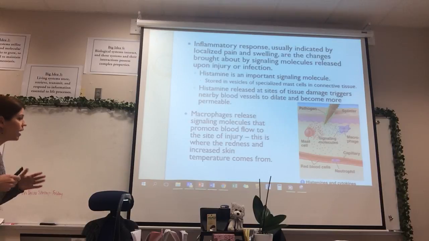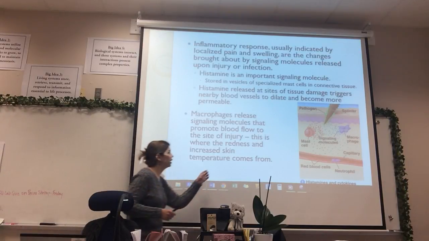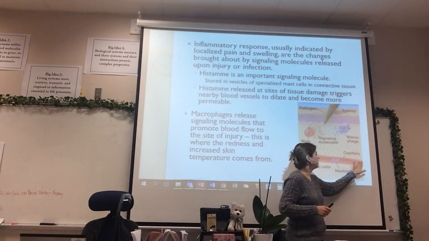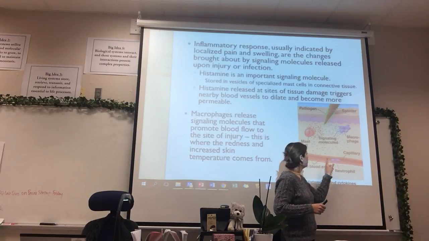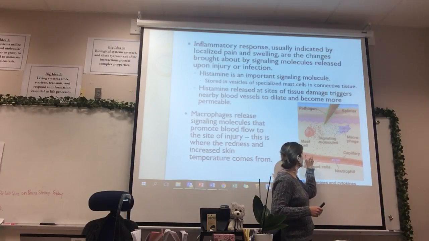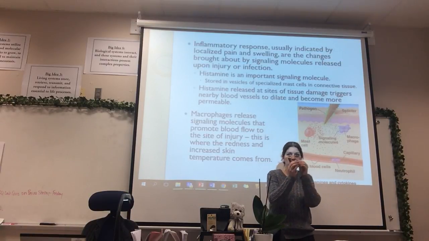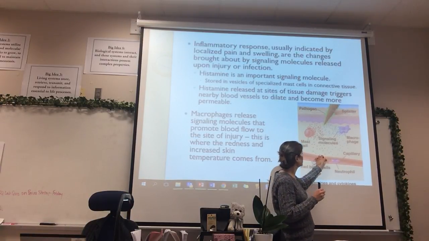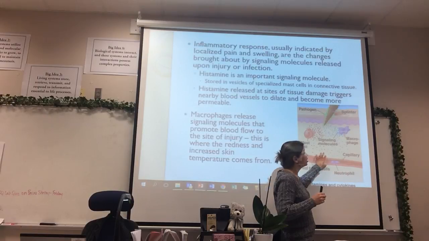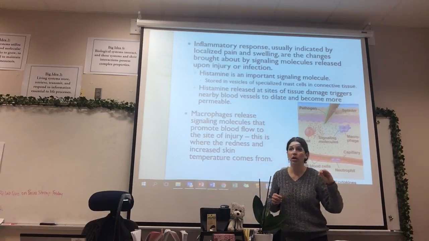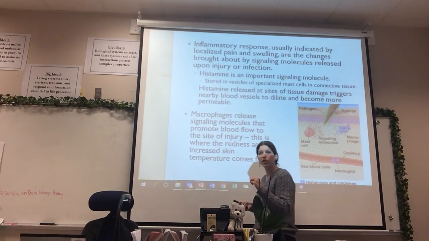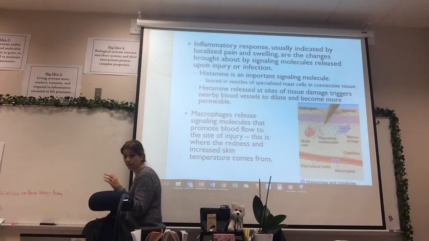Well, remember how I told you last class that your blood is always contained in vessels? But when this happens, the histamines cause these little holes in your vessels, I know they're tough to see, to widen, to dilate. So that your vessel becomes much more porous and there's more blood flow to that area because it's dilated.